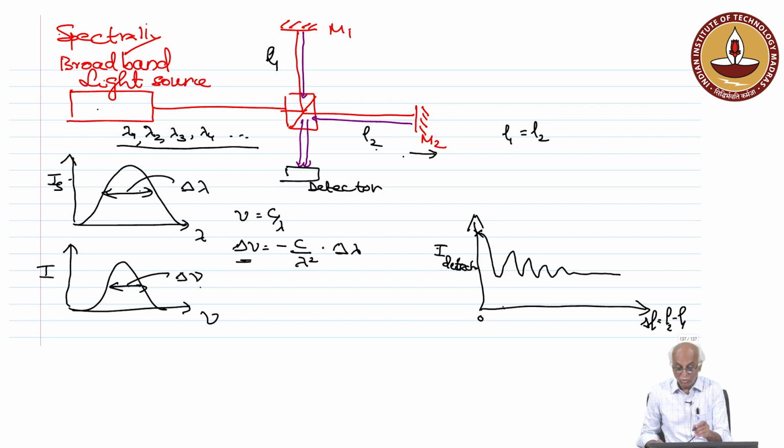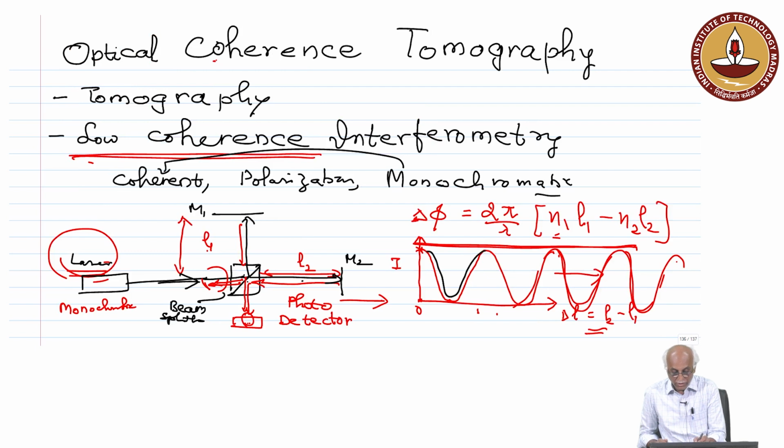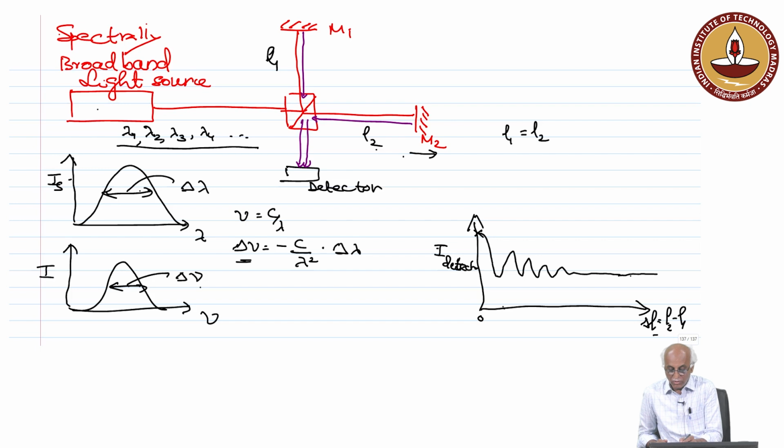And the second point is, as L1 minus L2 starts increasing further, after a certain length you will not see any interference. In the previous case, as you keep on changing L1 minus L2, you observe this maximum and minimum continuously, but here it has ceased. You keep on increasing the length, there is no information about any phase change.